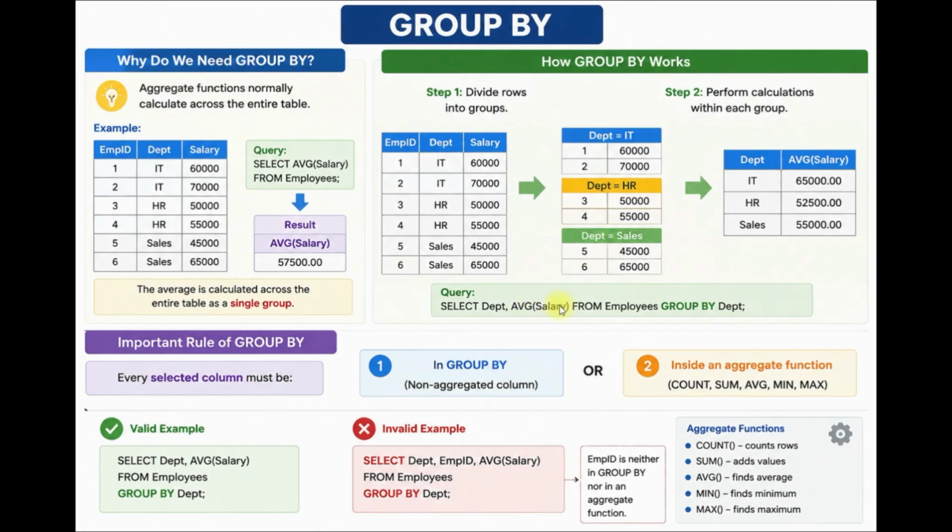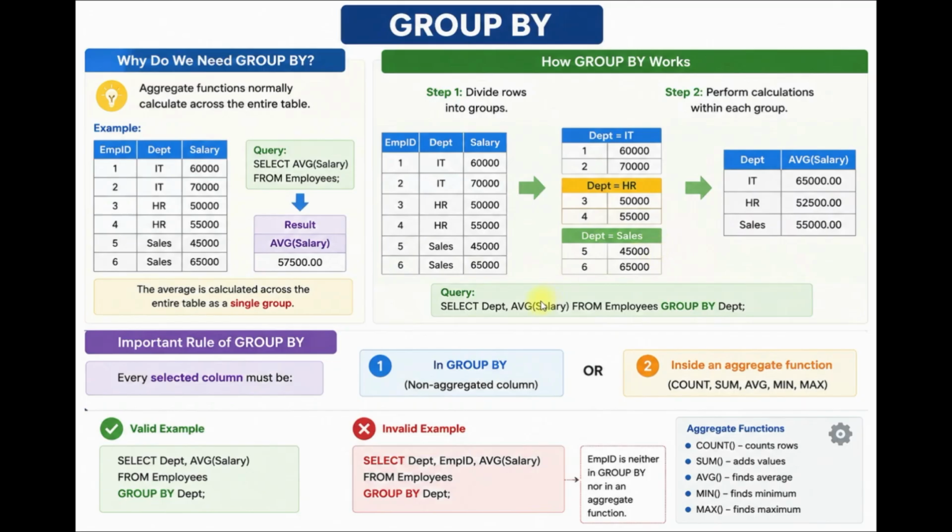So the average salary doesn't work on the complete table here. Since we are doing the group by, it works on the individual groups: the IT group, HR group and sales group. It averages the two salaries for IT and gives 65,000, and for HR it averaged 50,000 and 55,000 and gave 52,500, and the same for sales.